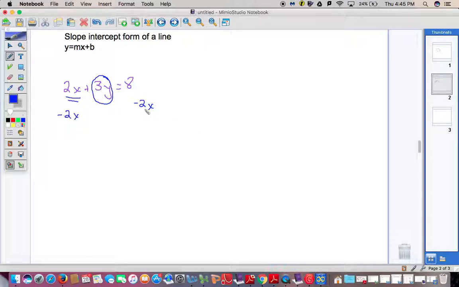Now we can't take 2x from 8 simply because they're not like terms. So when we rewrite this, we've got 3y equals negative 2x plus 8. You could also have said 3y equals 8 minus 2x, but I want this in slope-intercept form, mx plus b, which means I really want my x term first.